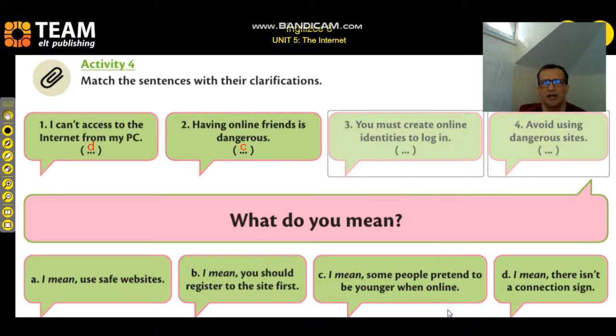Pretend to gibi yapmak. Yes, pretend to. Some people pretend to be younger. Daha gençmiş gibi yapabilirler. Daha gençmiş gibi davranabilirler when online. Online olduklarında internette gezinirken yaşlı oldukları halde kendilerini genç gibi gösterip gençlerle konuşmaya çalışabilirler. Yes, this is very important. Okay.